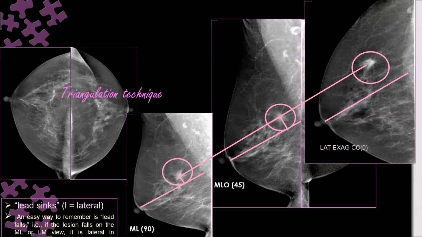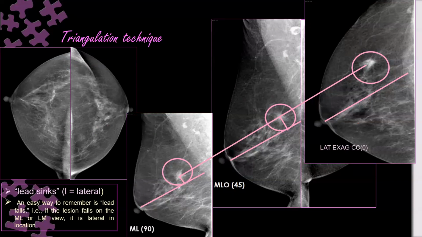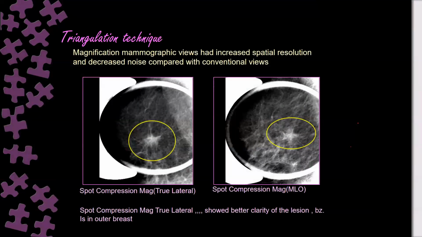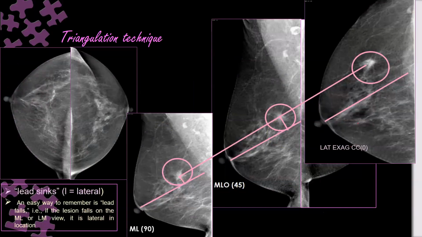So this is the lead, a triangulation technique, and that is the same lesion, Sumaya. But if I said to you this is the same lesion, we could not discuss all these points.